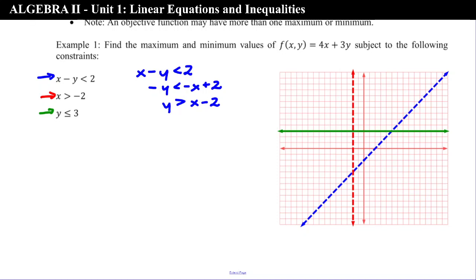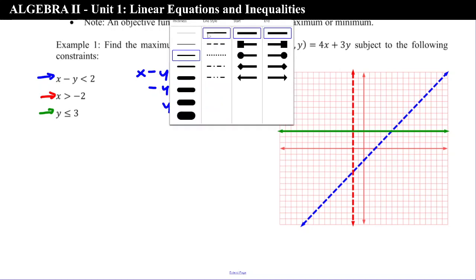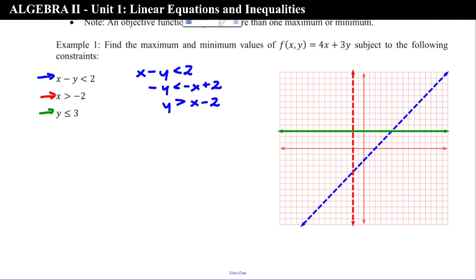Okay, so now we have our lines plotted. We are going to figure out what the shaded area is. Okay, so our shaded area is going to be the area that is shared here.